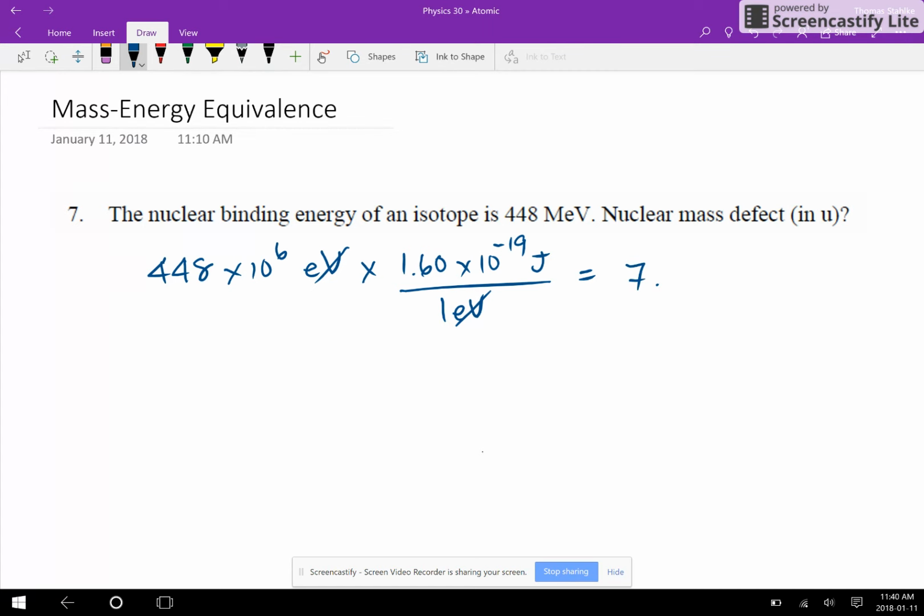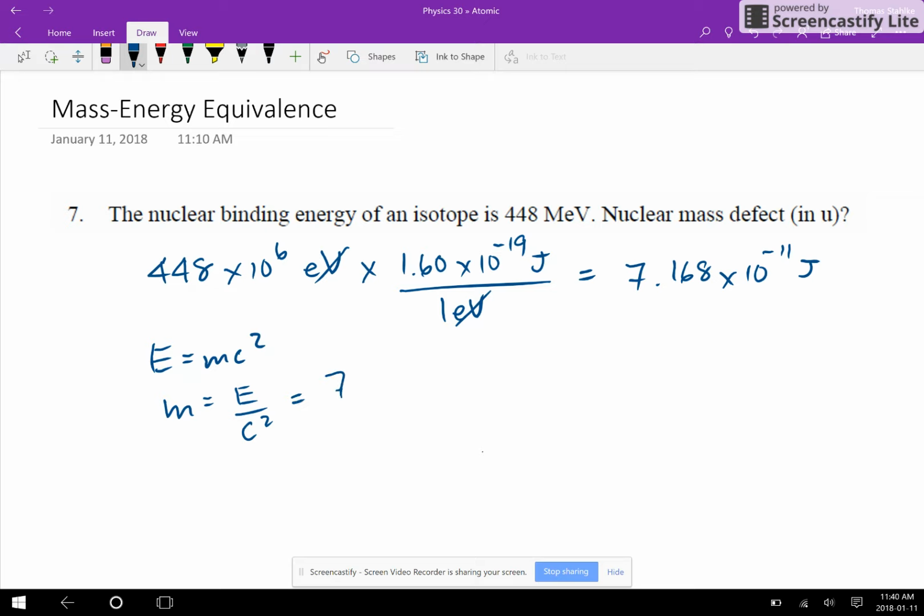And then this works out to 7.168 times 10 to the negative 11 joules. So keep the calculator answer in there. Now we can see that this is energy in joules, and we can use Einstein's equation, as I mentioned, and solve for mass.